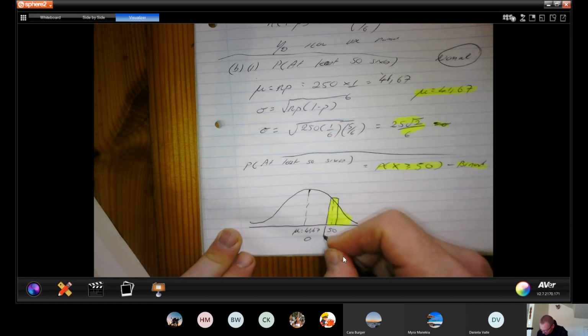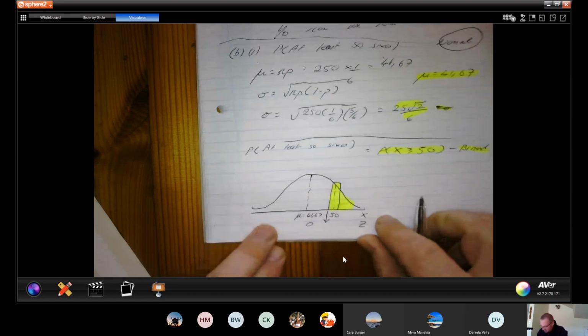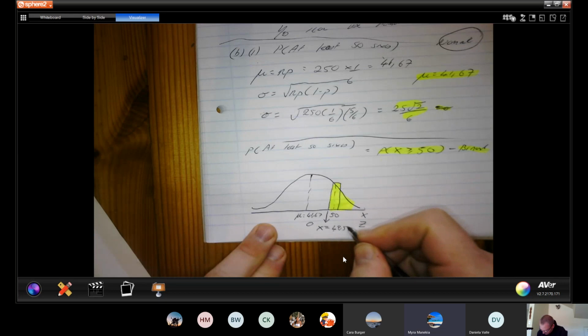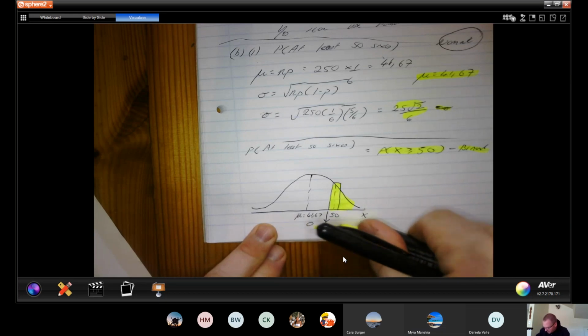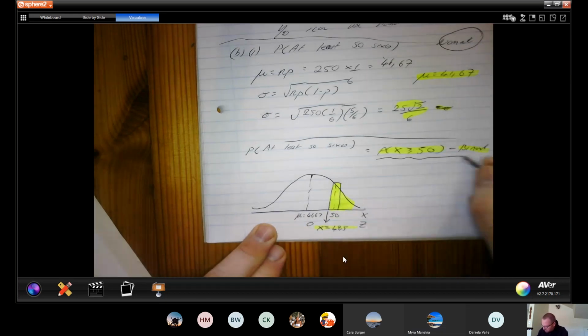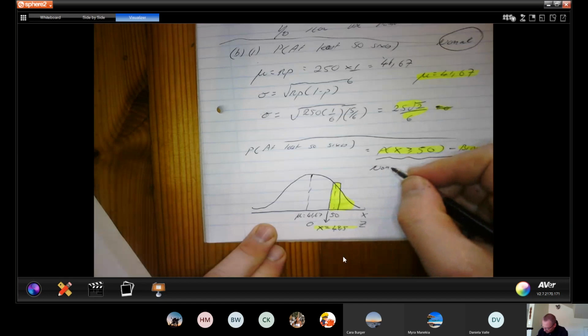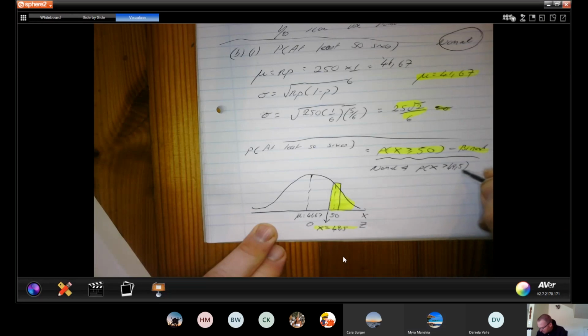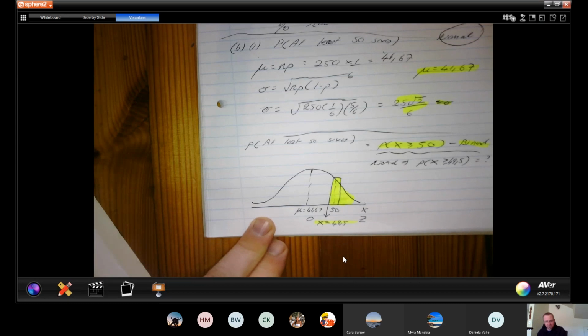What's the x score we're going to use, Myra? 49.5. Good. In normal language, we're looking for the probability that x is greater than 49,5. It doesn't matter whether we say greater than or equal to, because at 49,5 the probability is 0.